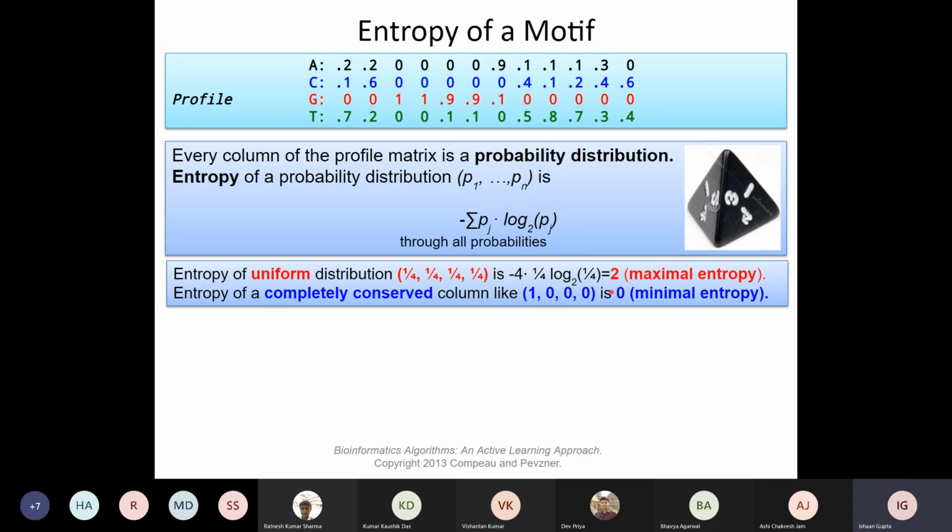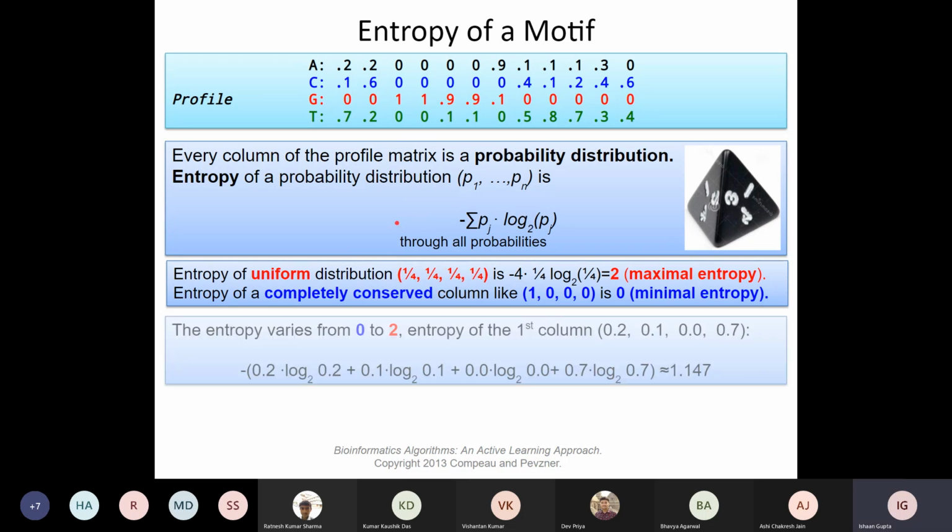So why am I telling you all this? This is one way: if you sum all the entropy values from 0 to 2 for the first column, you will get a single entropy value for that column. Like this, you can get entropy values for all the columns.